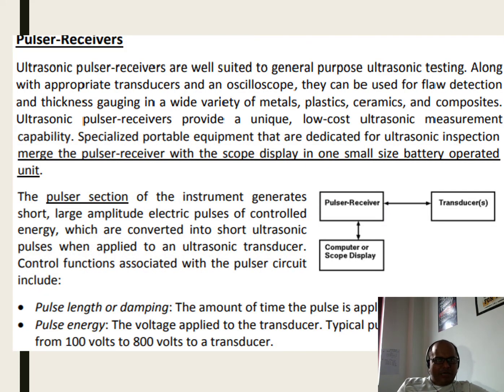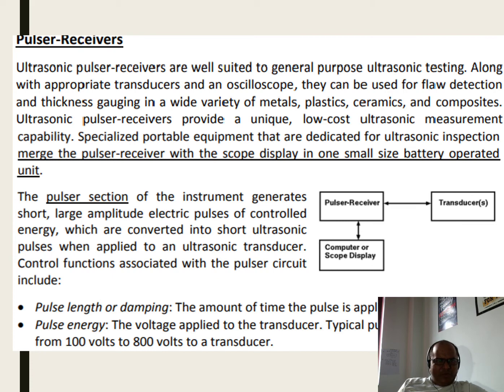Pulser receiver. Ultrasonic pulser receivers are well suited to general purpose ultrasonic testing along with the appropriate transducer and oscilloscope. They can be used for flaw detection and thickness gauging in a wide variety of metals, plastics, ceramics, and composites. Ultrasonic pulsers provide a unique low-cost ultrasonic measurement capability.